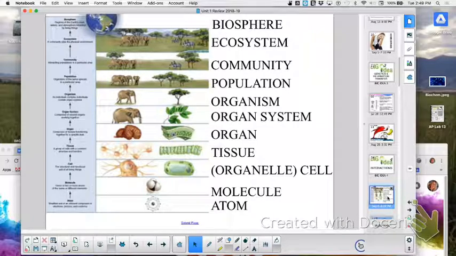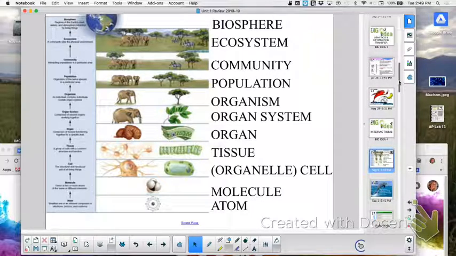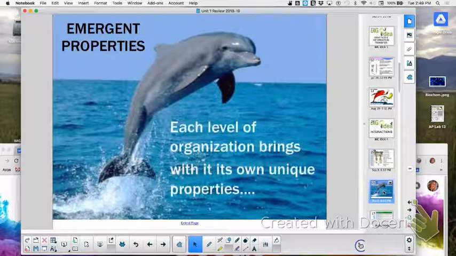Okay, as we're building up, you have interactions between them. What do you call the traits that an organ has that are more complex than what a tissue has? What do you call those properties? Emergent properties. Yeah, you increase in complexity as you go up. Emergent properties. Do you remember that?